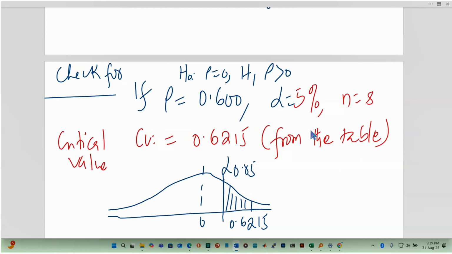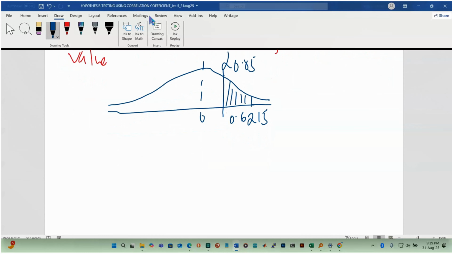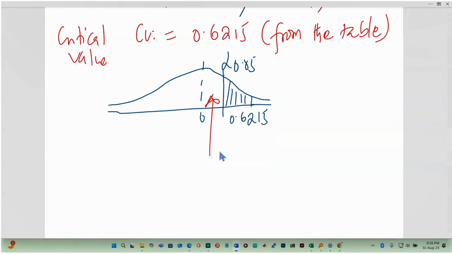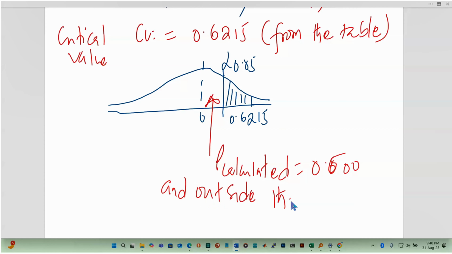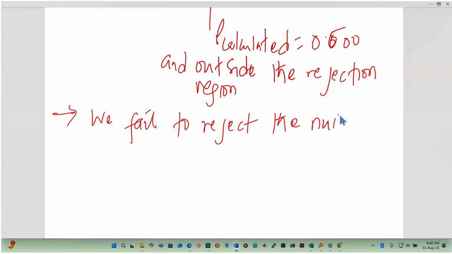So you can see that the calculated value is outside the rejection region. So rho calculated is 0.600, and outside the rejection region. So if it is outside the rejection region, we fail to reject the null hypothesis.